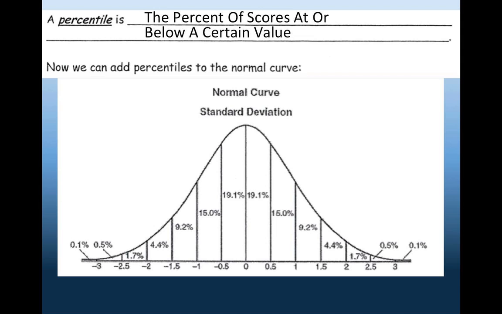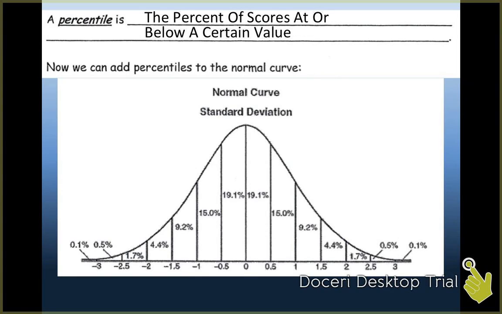So the first percentile that we're going to add in is going to be at negative 2, so this bar right here. And that is going to be the 2.3 percentile. So 2.3% of the data is at or below that. If you go up to negative 1, your percentile changes to 15.9, or about 16.